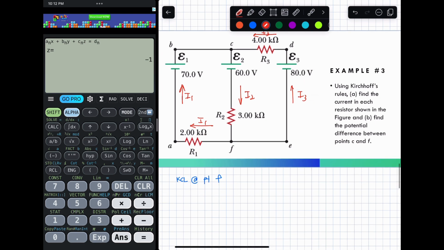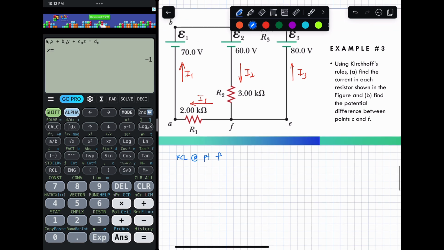So KCL at point F: I1 is leaving, so I'll have a negative I1. I2 is entering, so positive I2. And I3 is leaving, so I'll have negative I3, equal to 0.